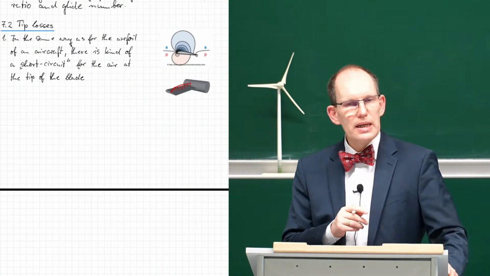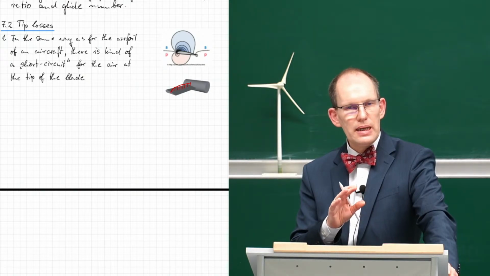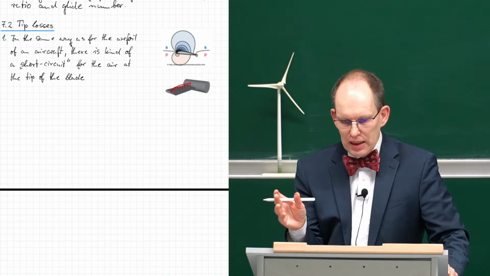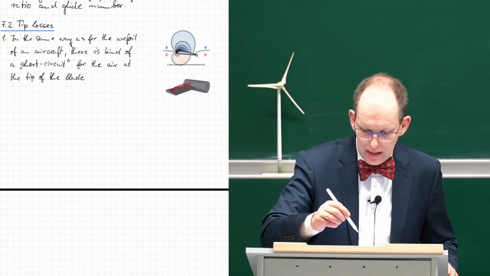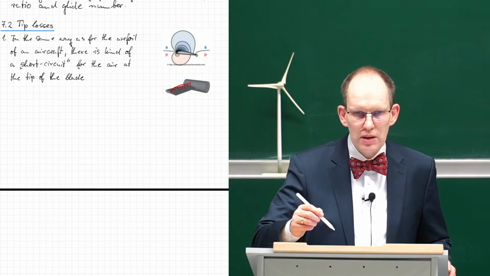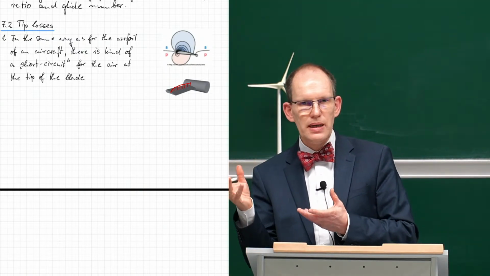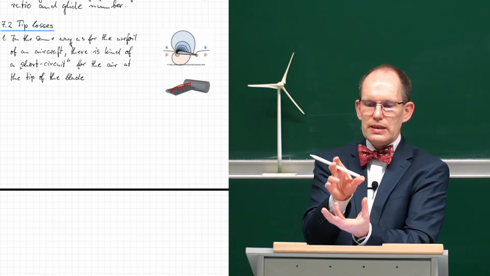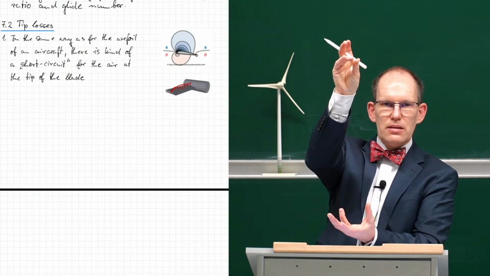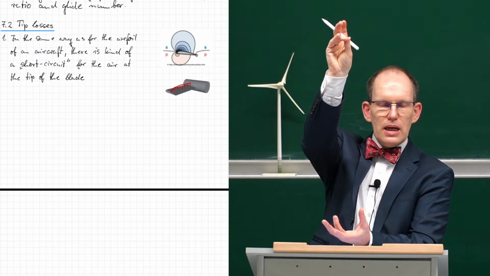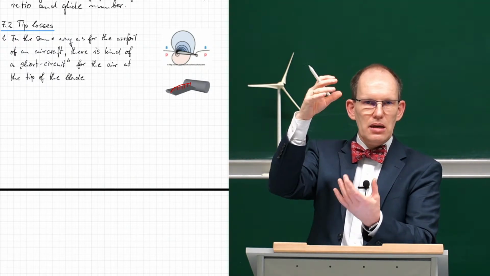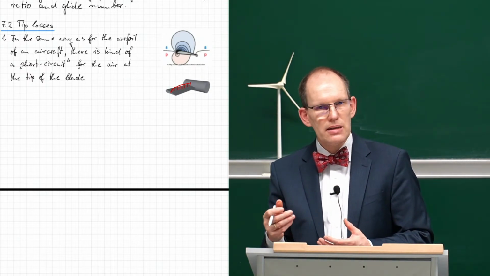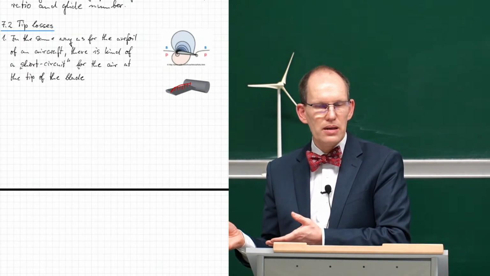So actually, for a windmill, we have an advantage as compared to an airplane, because for a wind turbine blade, the blade gets, of course, thinner and thinner the closer you come to the tip, and therefore the amount of short circuit, so to say, is smaller as compared to an airplane.